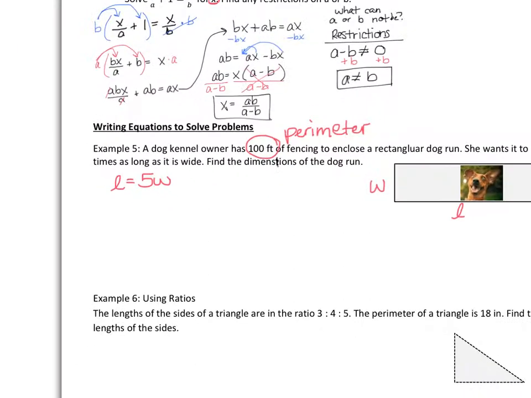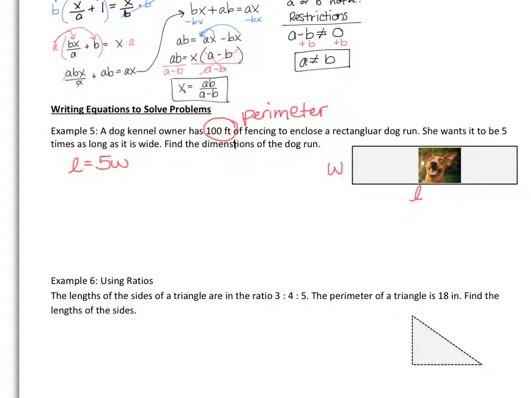So the basic formula for perimeter is length plus length plus width plus width, and that's going to equal our 100. We can combine some like terms there. So 2L plus 2W equals 100.